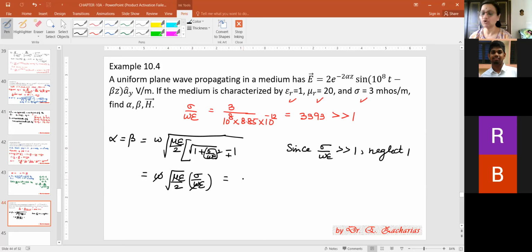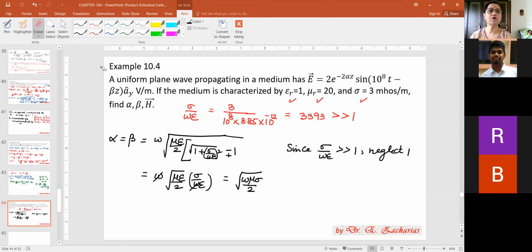That's why I'm telling you, you need not remember. If you just know the concept behind it, you can do it then and there. So under root of omega mu sigma by 2, or you can even write it as 2 pi f and all that, which I'm not going to do today because omega is directly given.